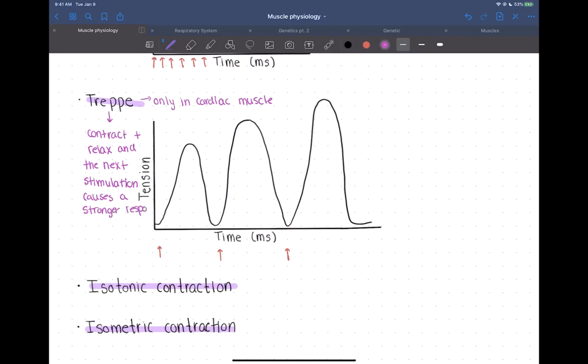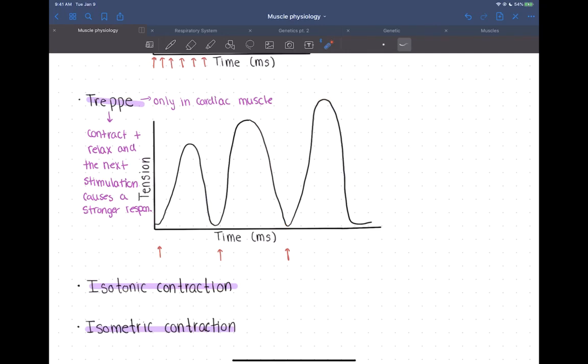All right, and so you can see that here. So this muscle received its action potential, it contracts, completely relaxes, you stimulate it again, and then your next contraction is stronger, right? Higher tension than the original, right? You stimulate it again, and your next one gives you an even higher contraction, okay?